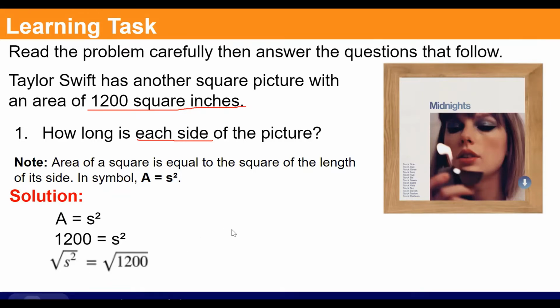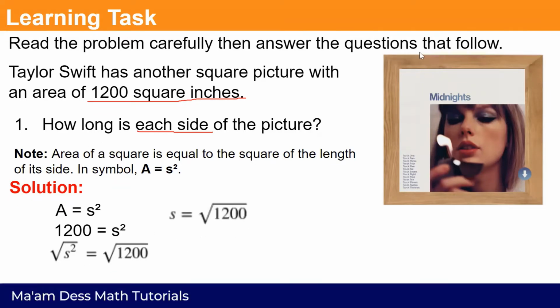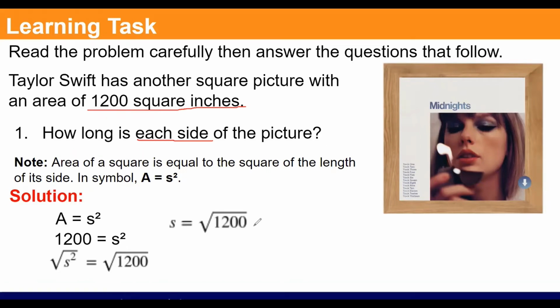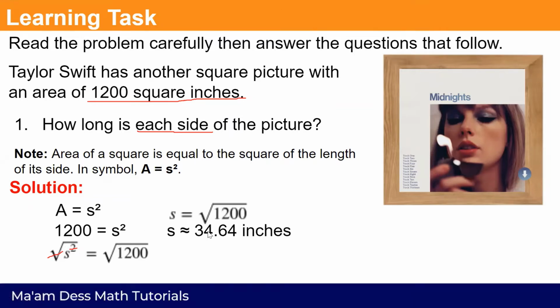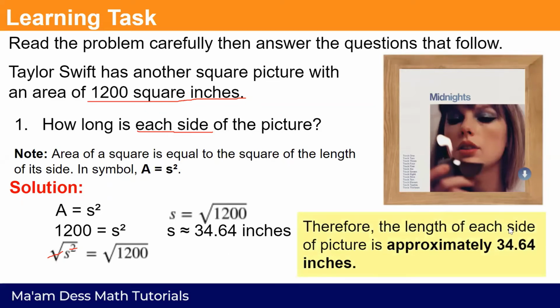So it becomes S is equal to square root of 1,200. Cancel the radical sign and then cancel the exponent 2. S is approximately 34 and 64 hundredths inches. Therefore, the length of each side of picture is approximately 34 and 64 inches.